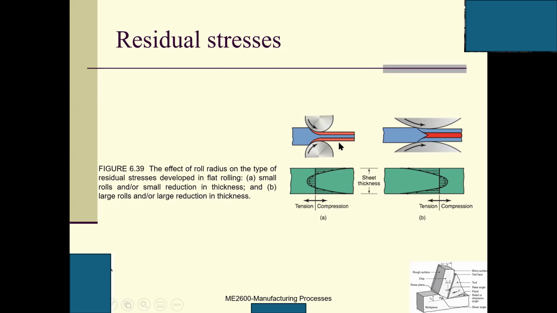Suppose this is the initial height, and here is the final height. So we will have this kind of residual stress. On this side is tension, on this side is compression. For B, it is a larger roll or a large reduction in thickness. So we have this tension, also this tension, and this compression.